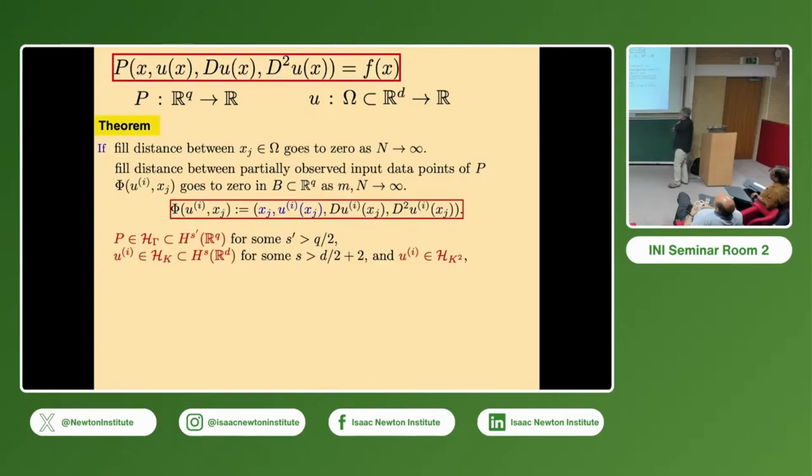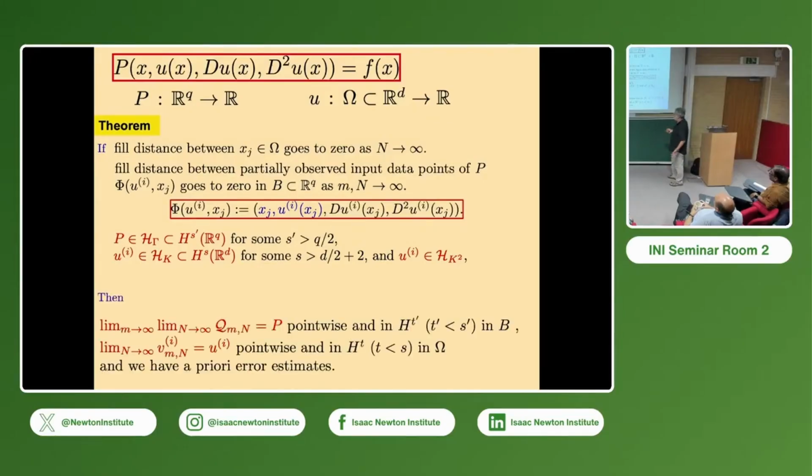So this makes sure that the PDE is defined in a classical sense for the elements of that RKHS. And here we're also going to assume that those partially observed solutions are slightly more regular than belonging to the RKHS. I assume them to belong to H_K squared, but any slight additional regularity is enough for what I'm going to describe.